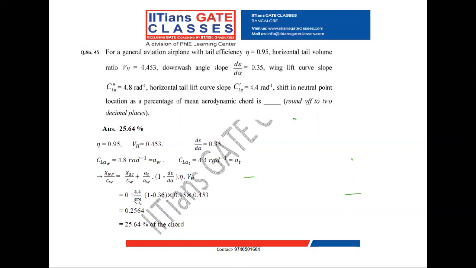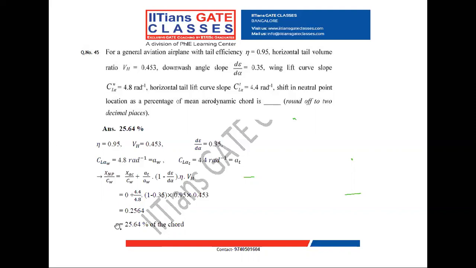Other values are given: AT equal to 4.4 and AW equal to 4.8, and 1 minus d epsilon by d alpha, 1 minus 0.35, into 0.95 into 0.453. When you substitute all this, we'll get 0.2564. In terms of percentage, that is 25.64%.